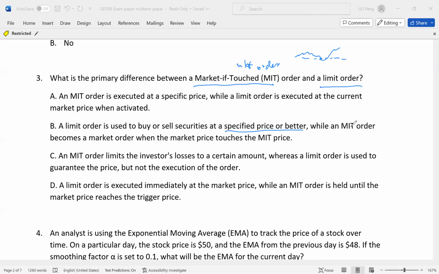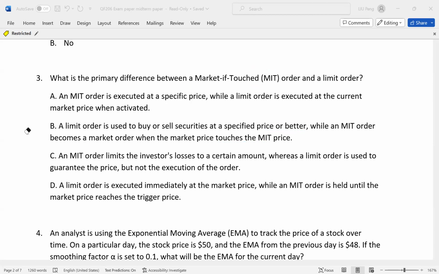And then MIT order becomes a market order when the market price touches the MIT price, which is correct. So when it touches the trigger point, then it becomes a market order. And if it is a market order, it guarantees the execution, but it cannot guarantee the price. So that's the second one you can choose. I'm just going to skip the other ones.